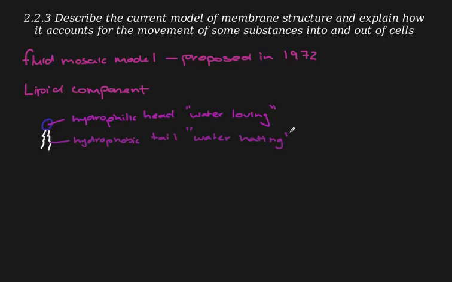That kind of makes sense if we break down that word, hydrophobic. Phobia is a dislike of something, so it hates water, or it repels water. So they're the two parts of what we call a phospholipid. Let's put that word in. Phospholipid.